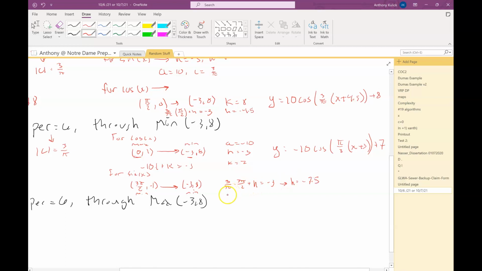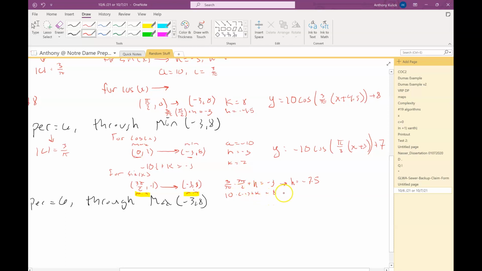And I can do the same thing for k. So I have a, and I know because I'm going min to min, my a should be positive. So I have 10 times y plus k should give me 8. So here, 10 times negative 1 is negative 10.